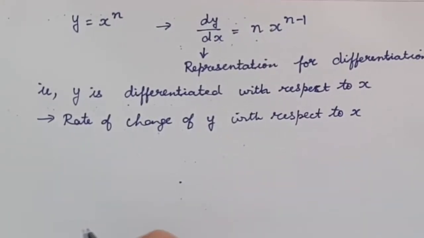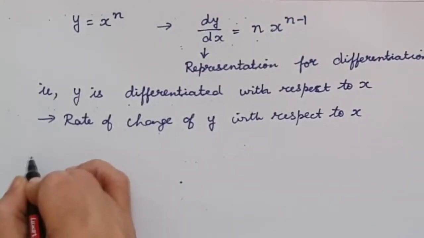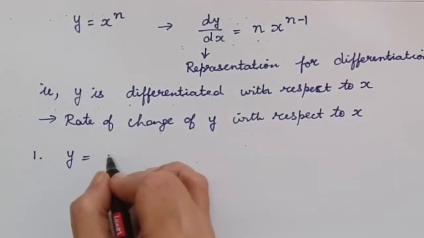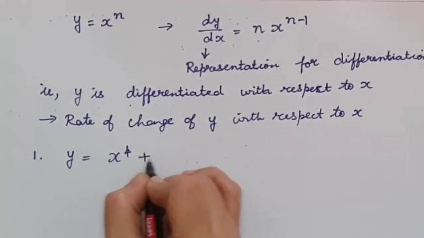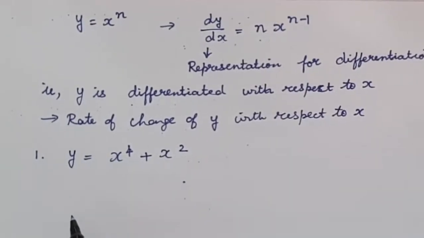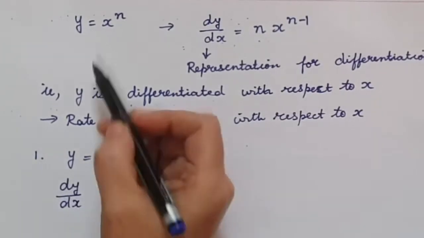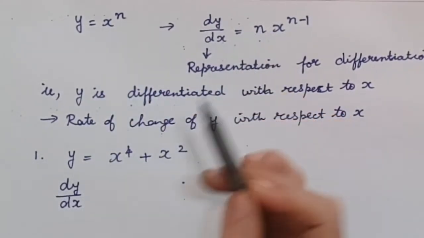Now we'll see how to apply this formula for differentiation. Suppose you are given y equals x power 4 plus x squared. To differentiate it, we write dy over dx. Now the power has to be taken forward.